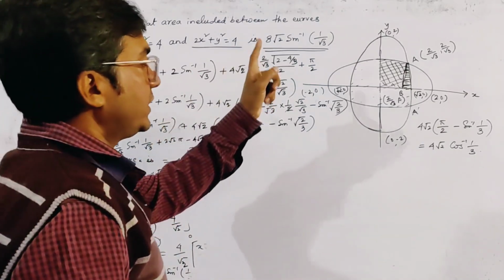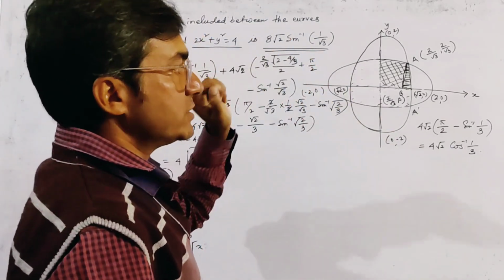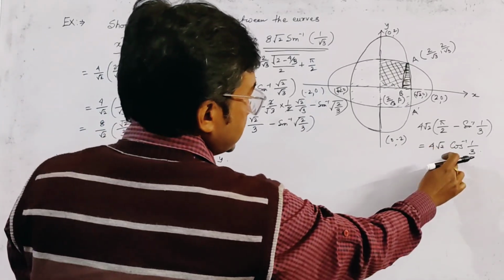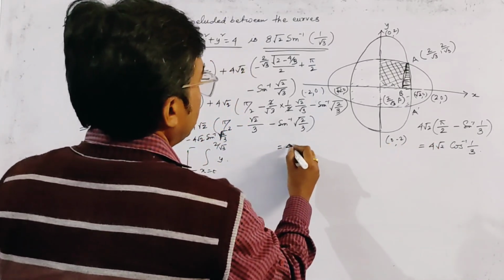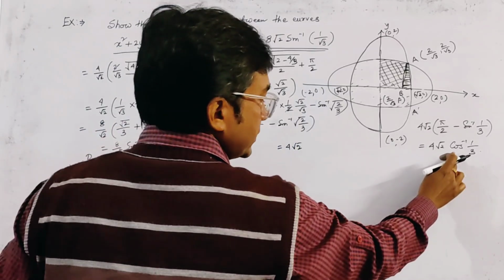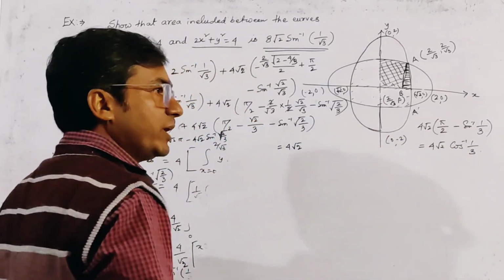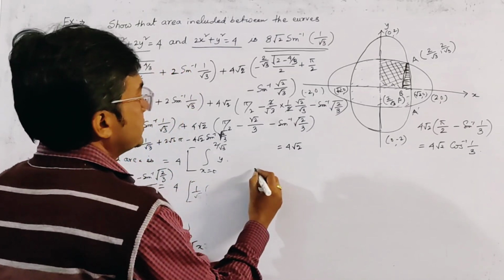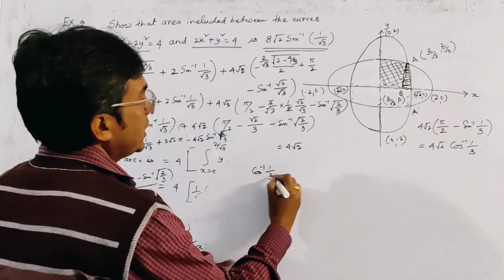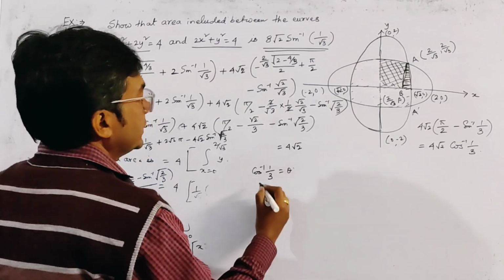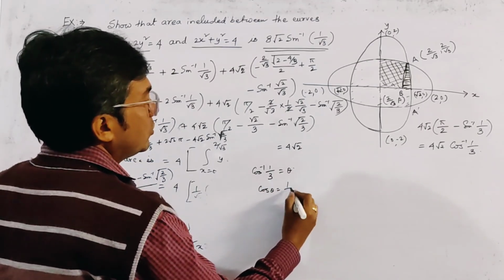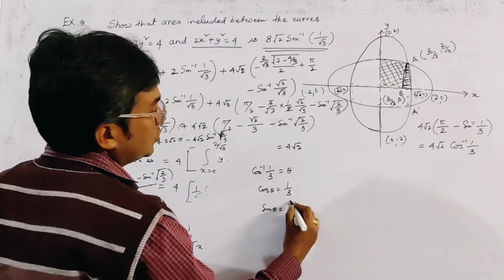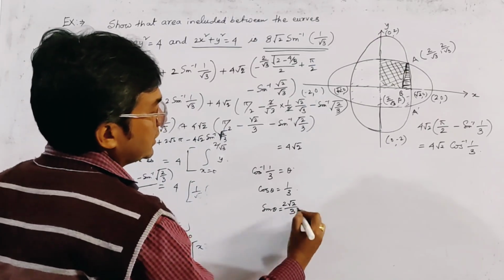To convert it to our given answer, we first write this result as 4 root 2 times cos inverse 1/3, and we convert cos inverse to sine inverse. So we put cos inverse 1/3 equal to theta. Then we get cos theta equal to 1 by 3, so we get sin theta equal to 2 root 2 by 3.